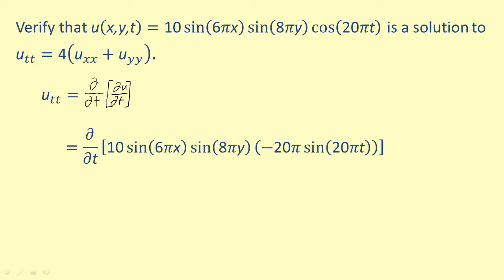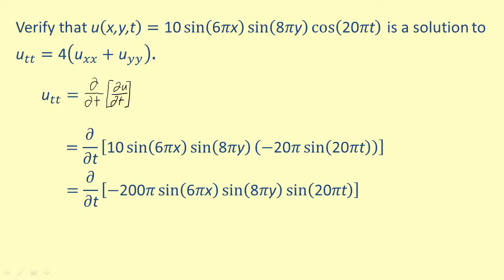We can simplify this by moving negative 20 pi to the front and multiplying it by 10, giving us the derivative with respect to t of negative 200 pi times sine of the quantity 6 pi x times sine of the quantity 8 pi y times sine 20 pi t.